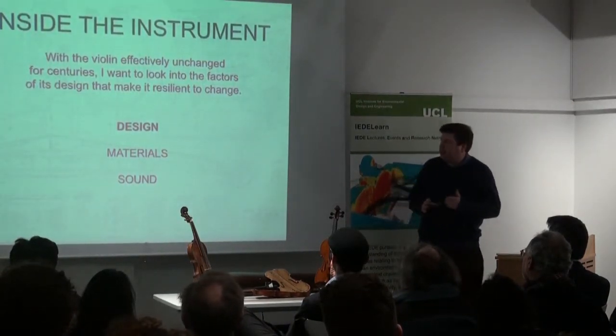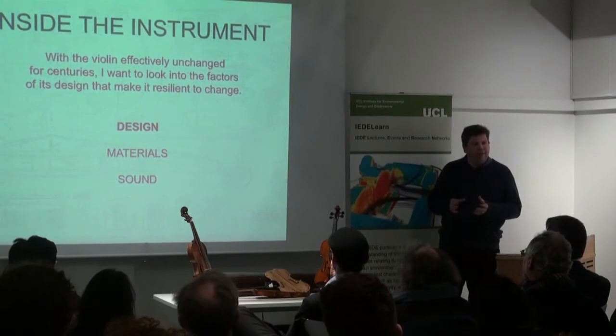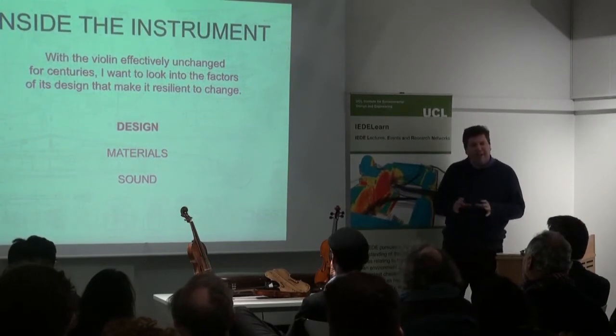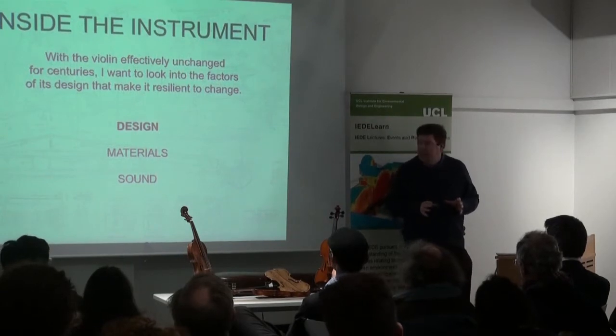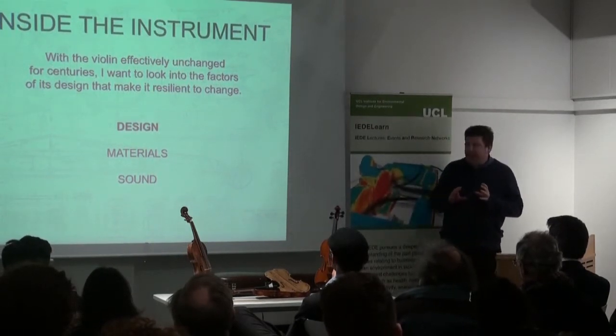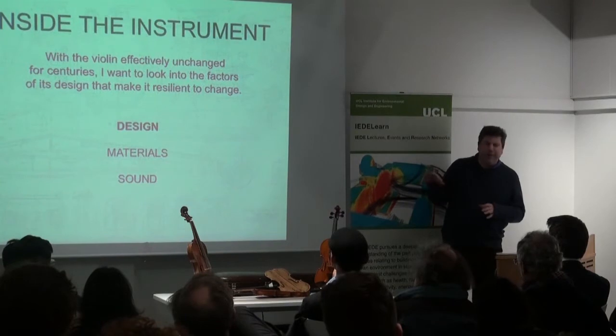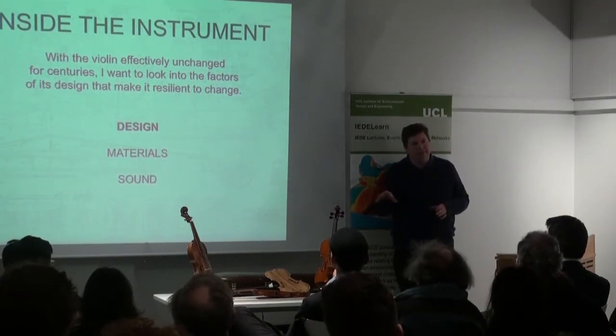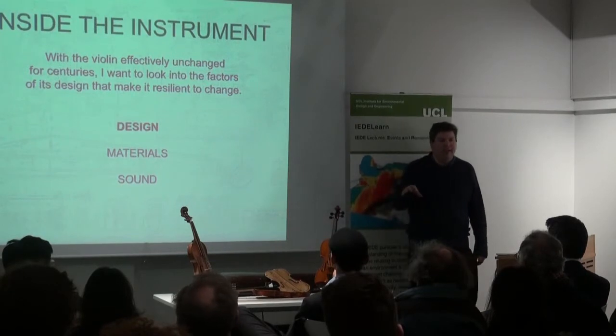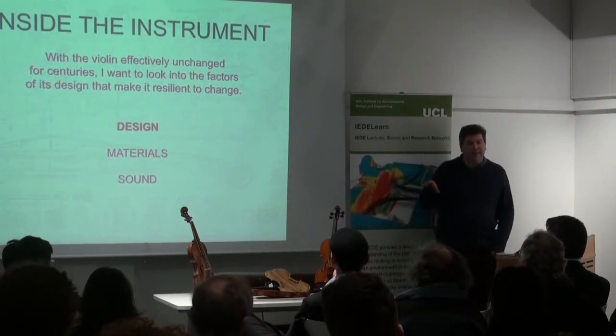I don't want to get so far into the design of the violin, but I just want to give you an idea of what's happened over the last 5 or 6 centuries. The amazing thing is these objects that you see right here are effectively unchanged from things that you could even see in Europe in the late 15th century.